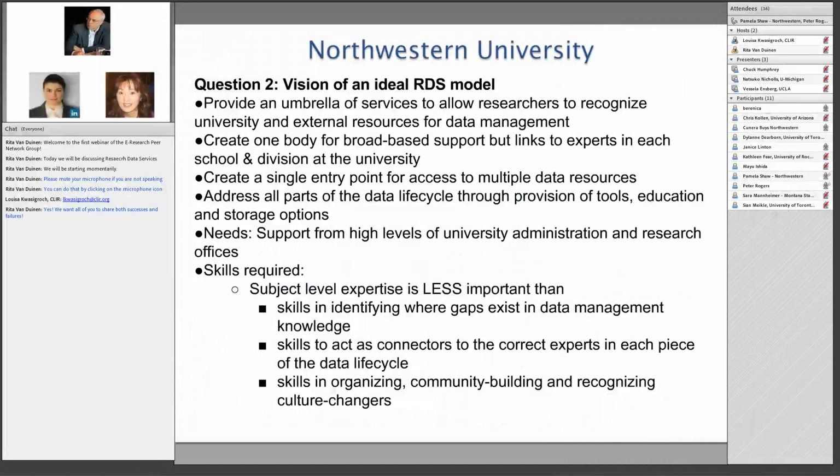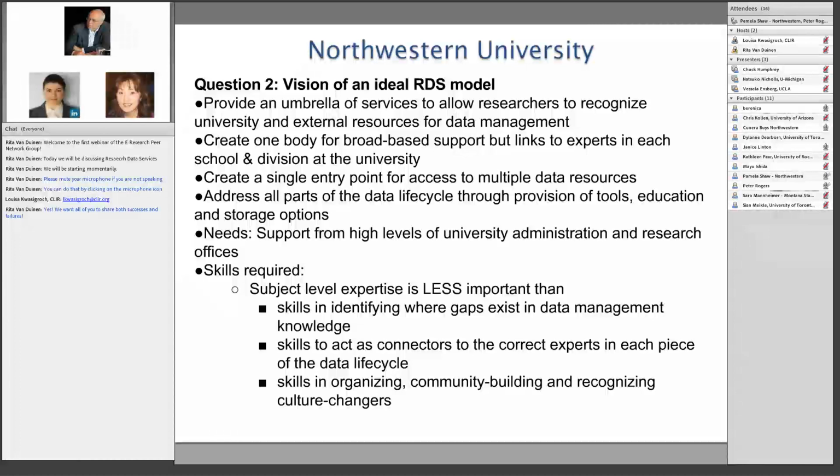Based on that survey, we have an idea that an ideal RDS model would encompass a little bit of everything from all parts of the data life cycle. We'd like, at least from the eSciences Working Group, to act as one body for broad-based support, but we would know the links to the experts in each school or division that could help users with data management.